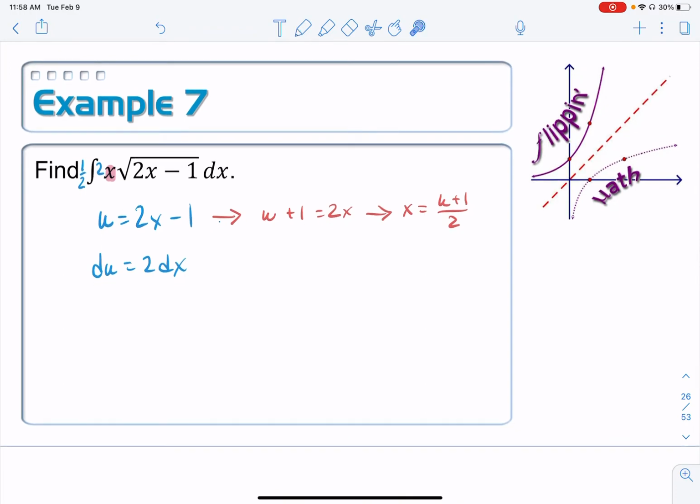All right, now when I'm rewriting, this 1/2 on the outside, of course, is going to stick around, integral. This 2 with the dx becomes the du. Put that right here at the end. The x is u plus 1 over 2.